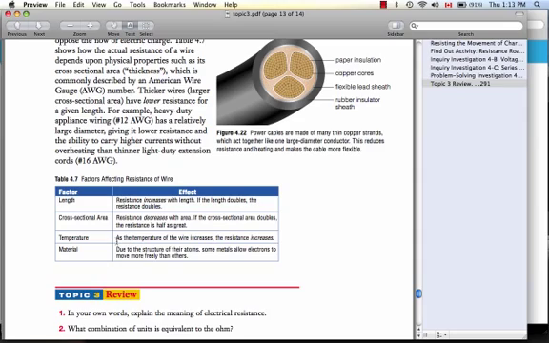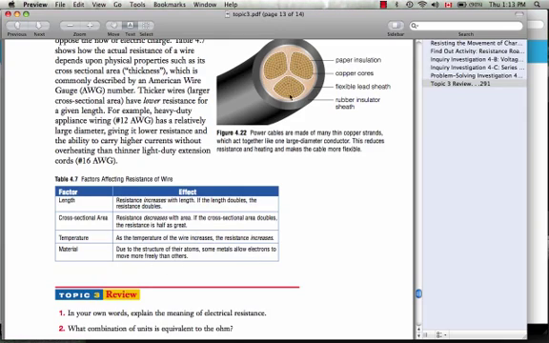Temperature affects resistance. As the temperature of the wire increases, so does the resistance. So cooler or colder wires allow electrons to flow a lot faster. Warmer wires cause electrons to slow down more, and there's more resistance. And the material, due to the structure of atoms, some metals allow electrons to flow more freely.